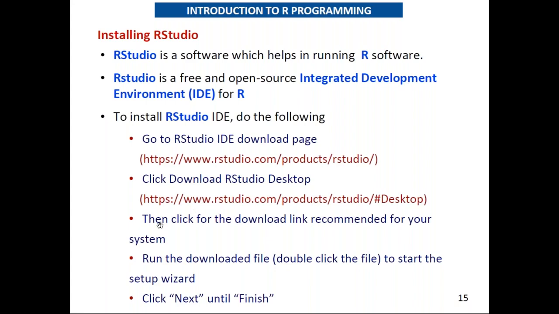Then click the download link recommended for your system. Then run the downloaded file, double click the file to start the setup wizard. Then click next until finish. In the similar fashion, you can try installation of RStudio.